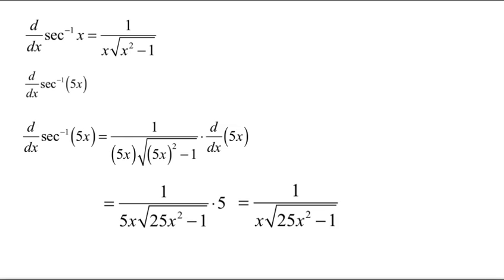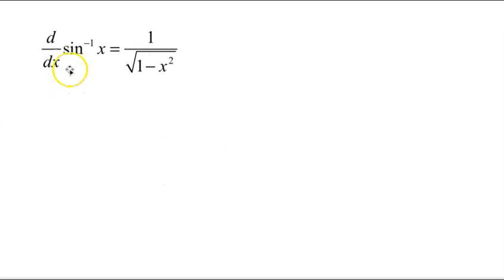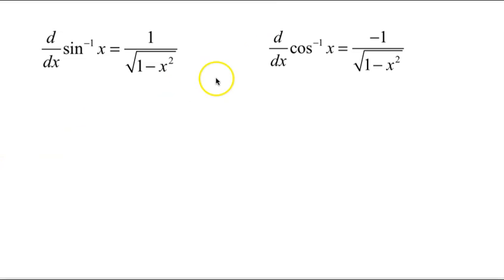So let's review. We have basically 6 rules for derivatives of inverse trig functions. What are they? The first one we did, the derivative of inverse sine of x is 1 over the square root of 1 minus x squared. And despite my typo we eventually fixed, the derivative of inverse cosine x is exactly the same except there's a minus sign on top.